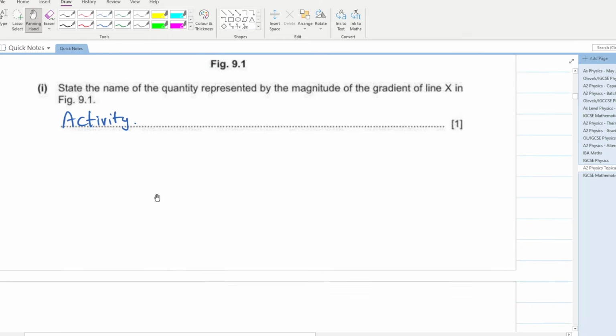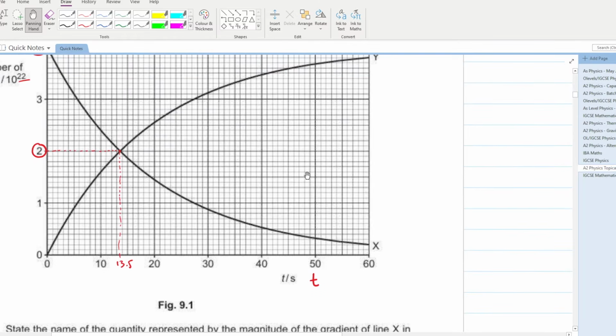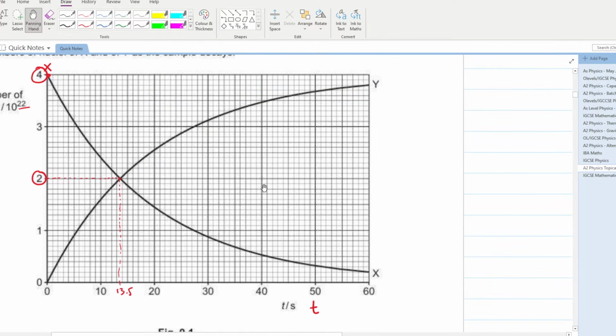As the third observation, you can see one more thing: the sum of nuclei of X and Y at any point in the graph will remain equal to what? 4 into 10 raised to the power of 22.